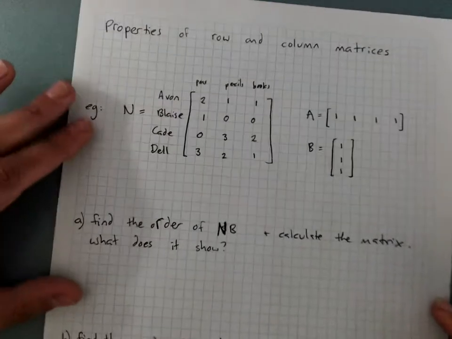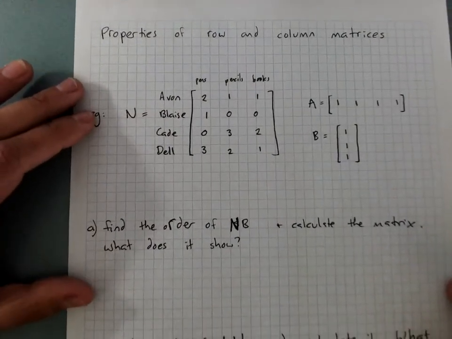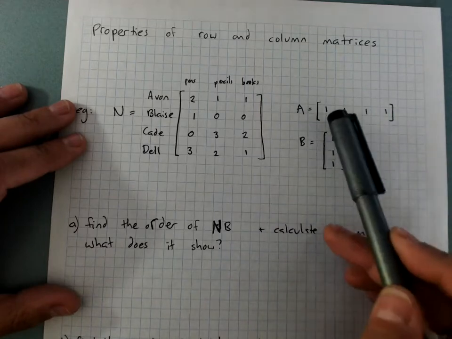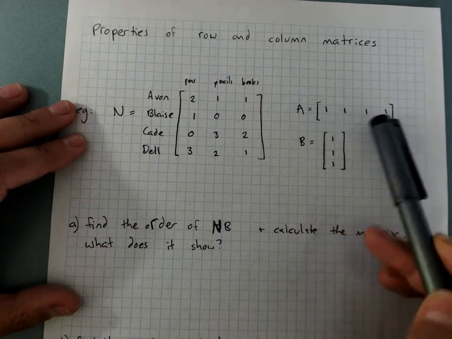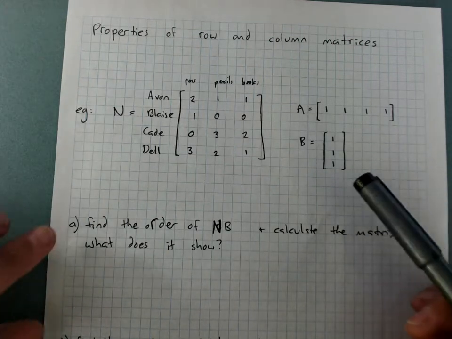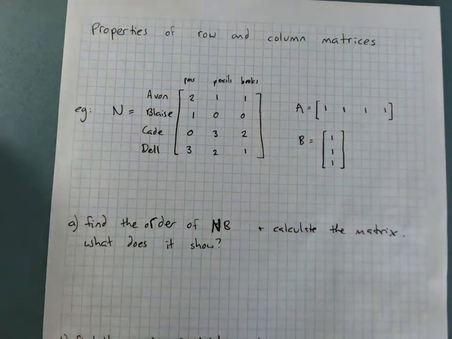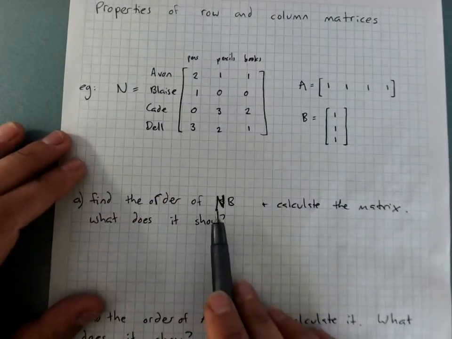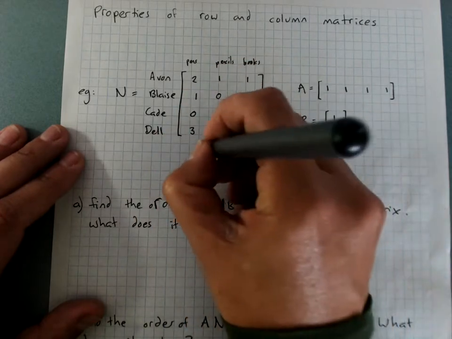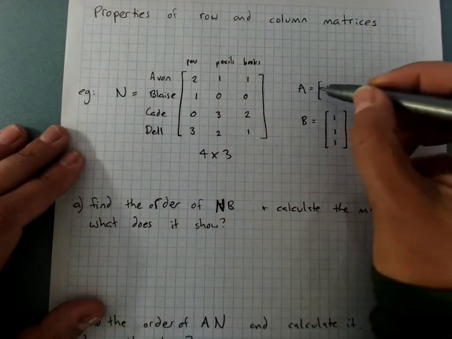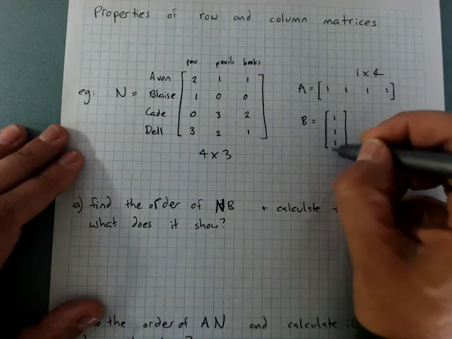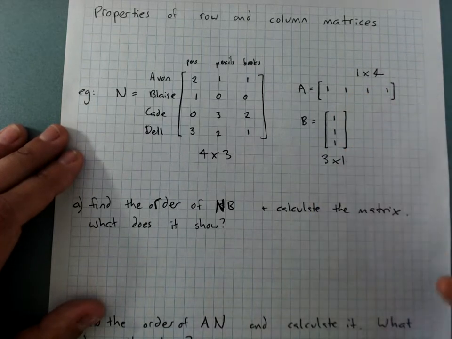Another quite interesting thing that we can do with matrix multiplication is multiplying by row or column matrices with ones only. And it looks a bit weird, but have a look at what happens. Check the order of matrix NB. Well, we'll check our orders up here. This is a 4x3 matrix. This is a 1x4 matrix. This is a 3x1 matrix.